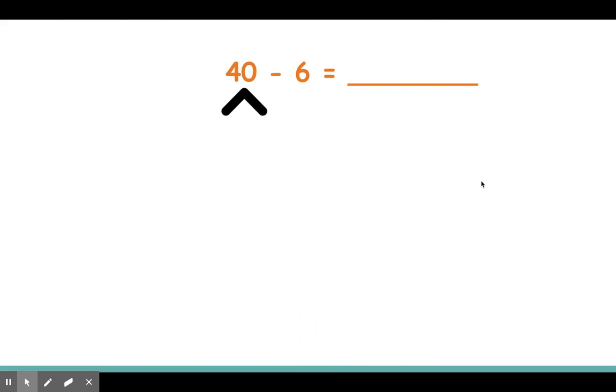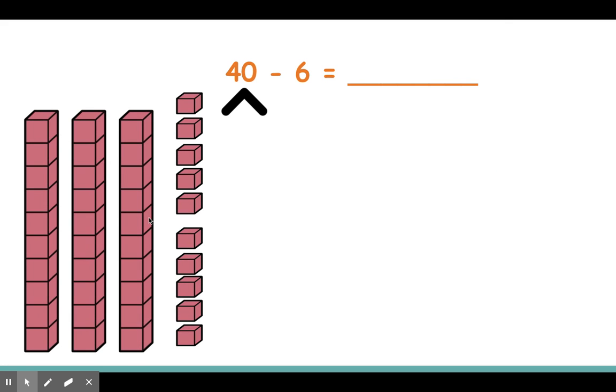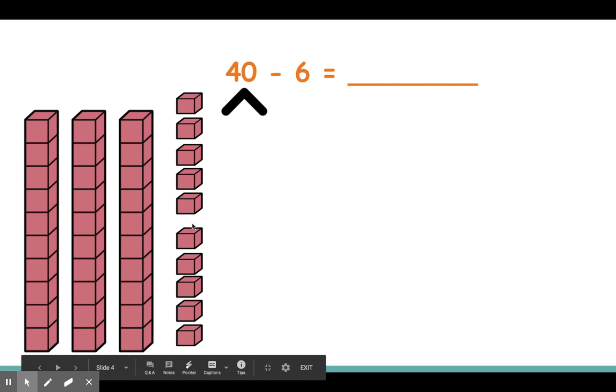Let's try another one. Here we have 40 subtract 6 equals. Now, remember, we can break 40 into two parts that will help us solve this a little bit easier. Here we have 40 represented using our place value cubes. 10, 20, 30, 40.